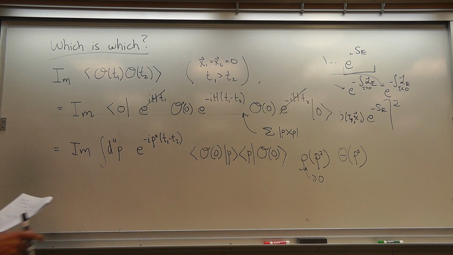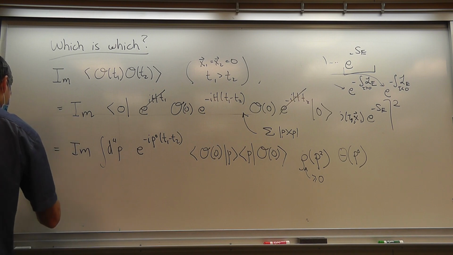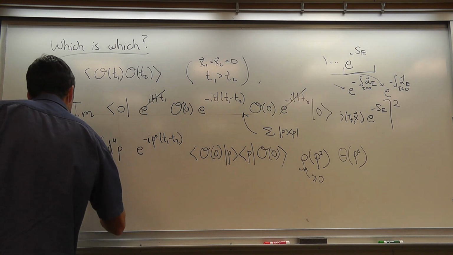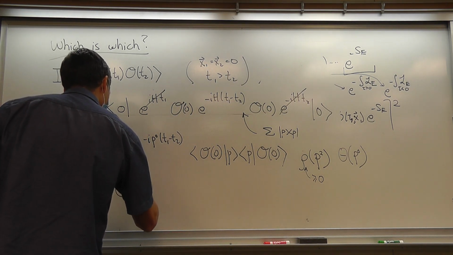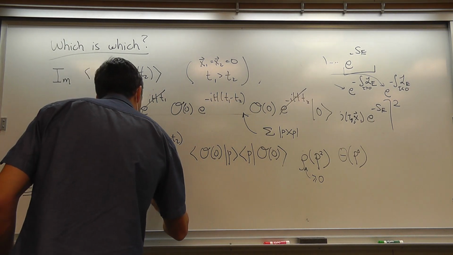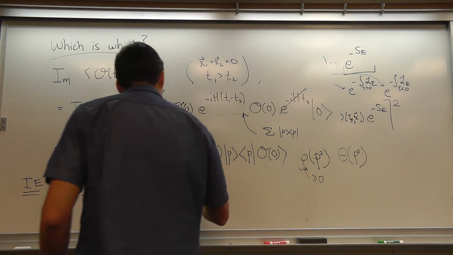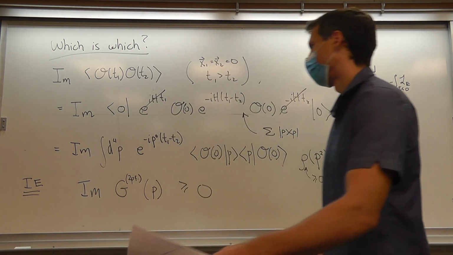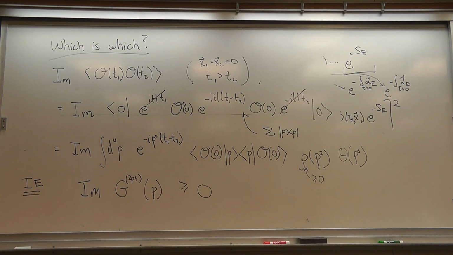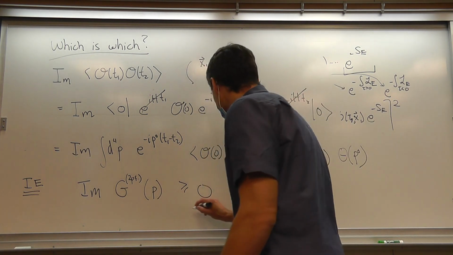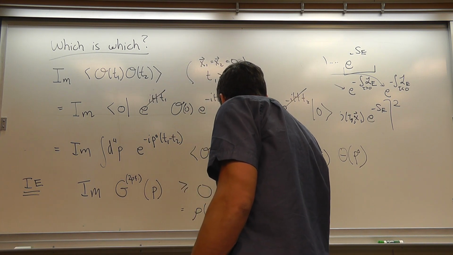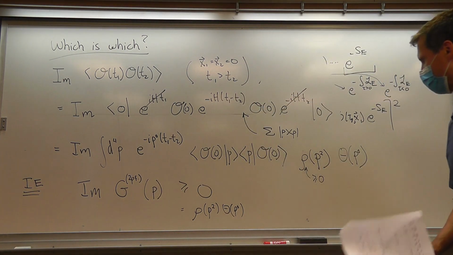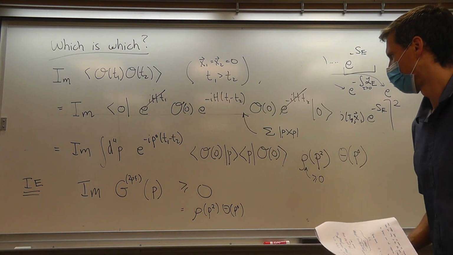So the conclusion is that the imaginary part of the 2-point function in momentum space is non-negative, and in fact is equal to this rho of p squared theta of p0. Okay, I've just written a Fourier transform here.